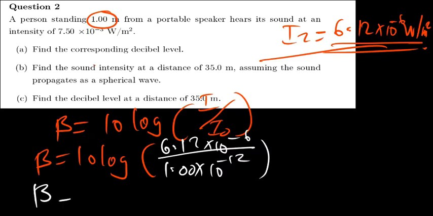Now what is our corresponding decibels? So 10 log open brackets 6.12 times 10 to the power negative 6 divided by 1.0 times 10 to the power negative 12.